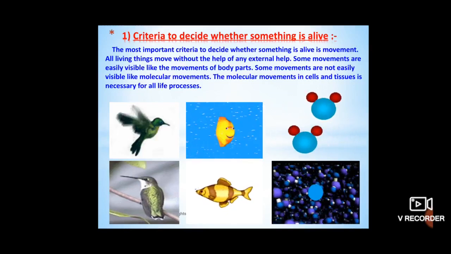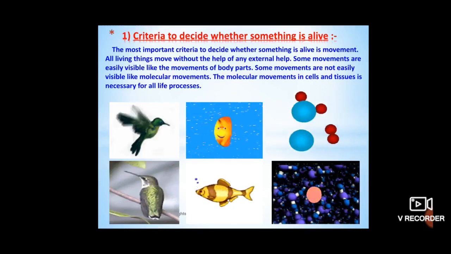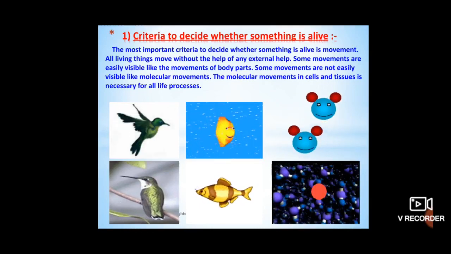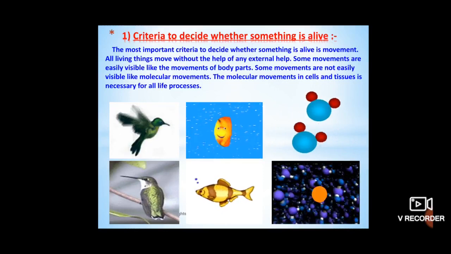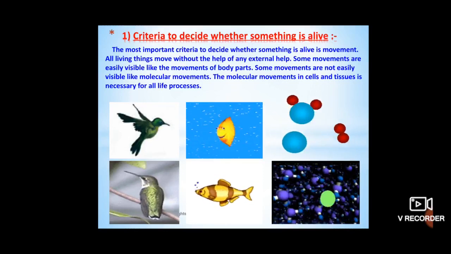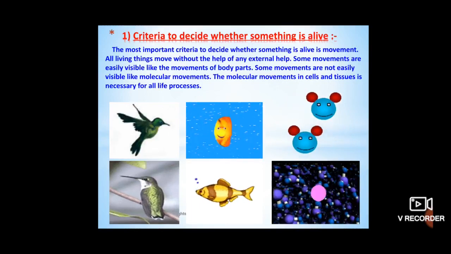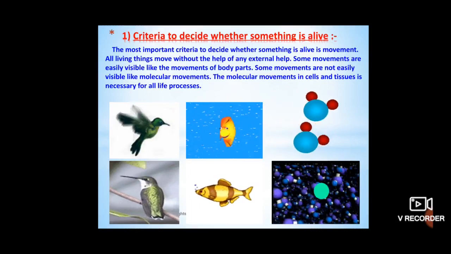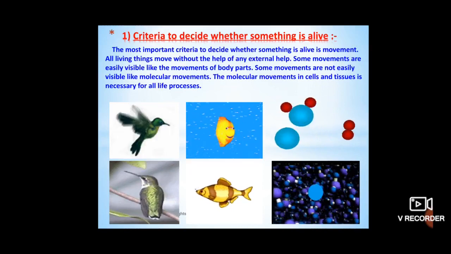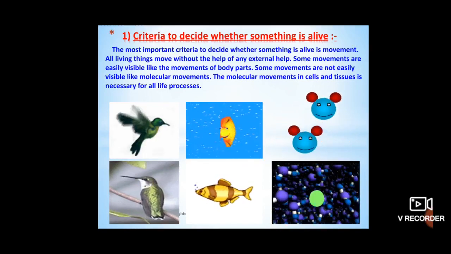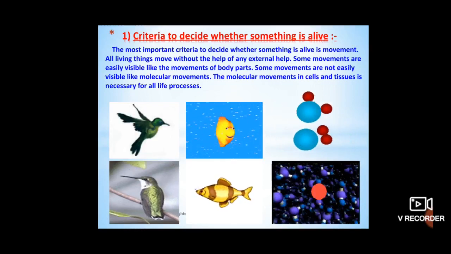We can easily generalize, right, students? Yes, here we can identify that the most important criterion to decide whether something is alive is movement. If movement is shown by any organism, we can easily generalize that the organism is living.